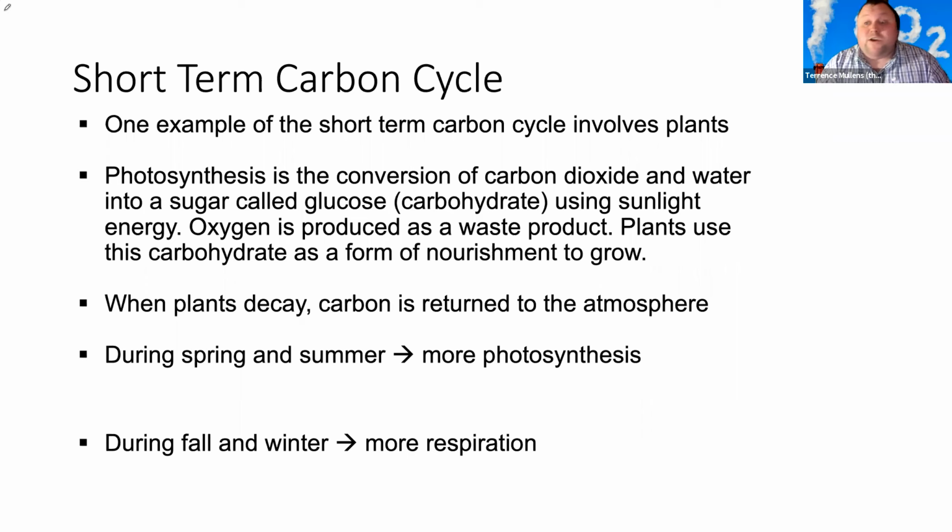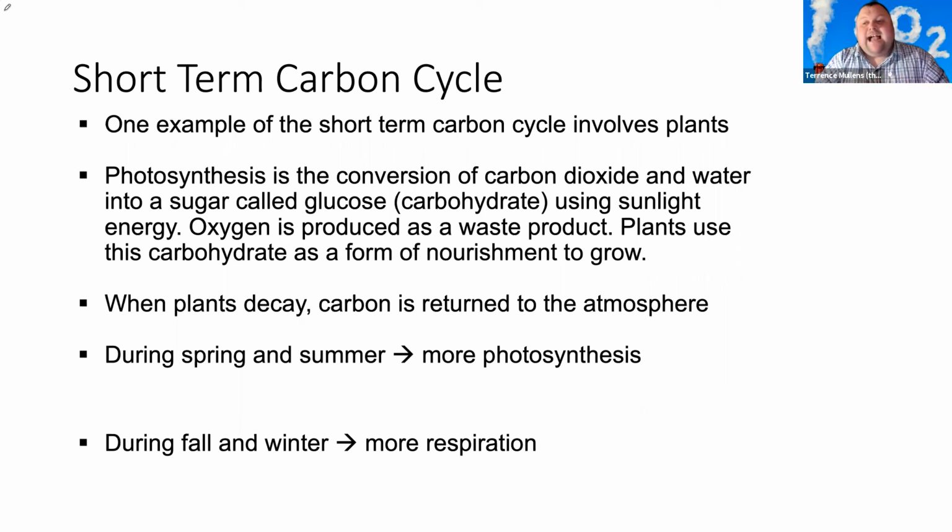Now, here's the thing. If humans weren't even here, this process would still occur. Why? Because plants themselves also respire. Not just humans. Other animals respire as well, but plants themselves respire. Those cute, crunchy orange leaves that you took the picture of on the ground and posted on your Instagram are actually leaves that are full of carbon, that have fallen off the tree, and that actually decay over time.